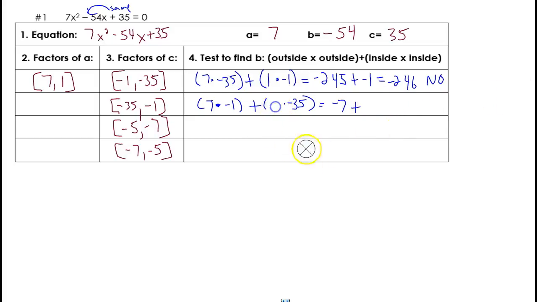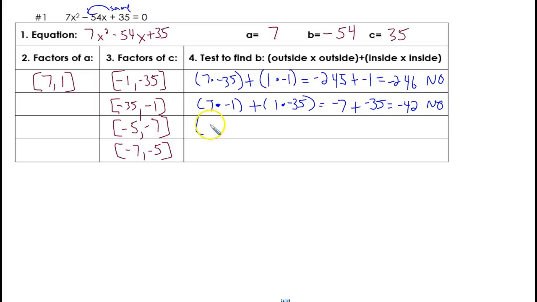Everybody makes a mistake. It was inside times inside, and the inside here is a 1. The inside here is a negative 35, so it should be 1 times negative 35. So 7 times negative 1 is negative 7, and 1 times negative 35 is negative 35. And we put these together and we get negative 42. And that's a little bit closer to what we're looking for, but it's still a no.